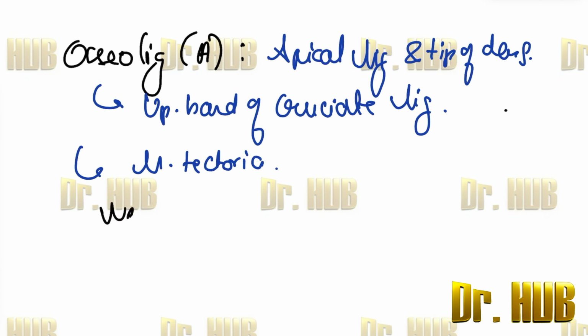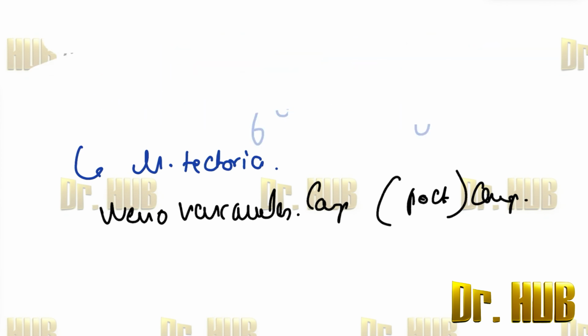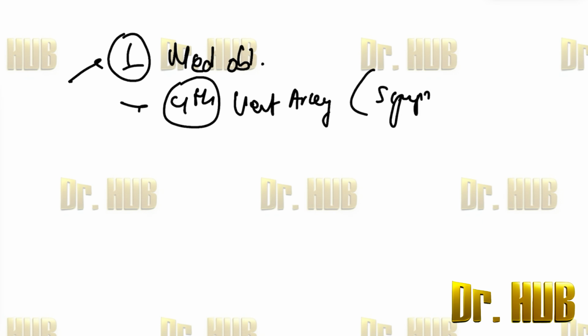Next is the neurovascular compartment. The neurovascular compartment is also known as the posterior compartment. So here, what are the structures? The structures included are the lower end of the medulla oblongata. Next is the fourth part of the vertebral artery, surrounded by the sympathetic plexus of nerves.